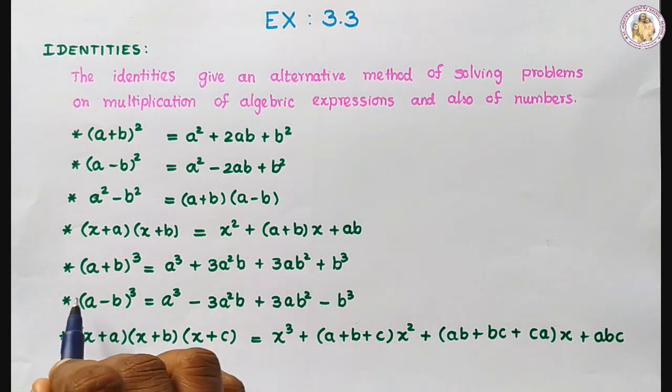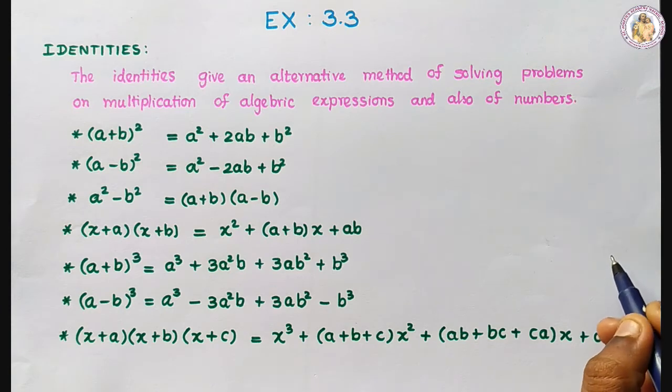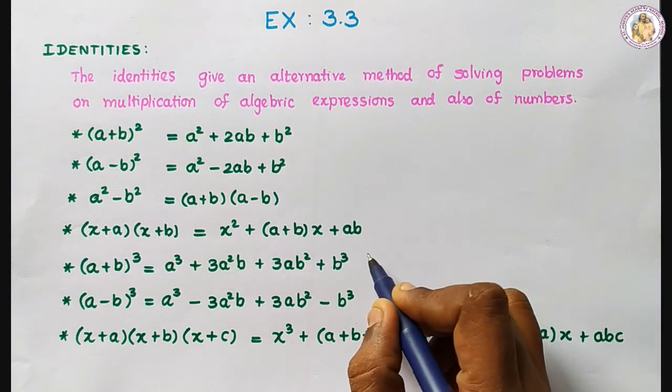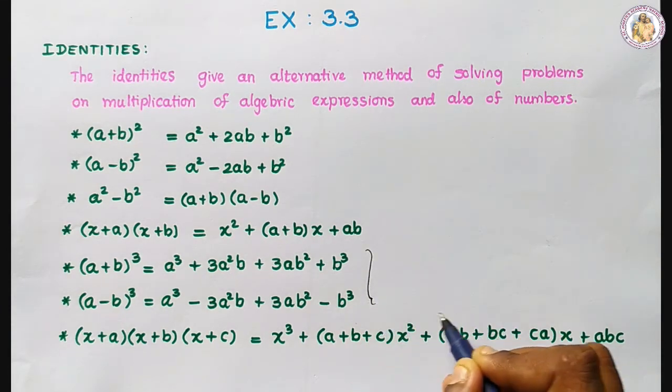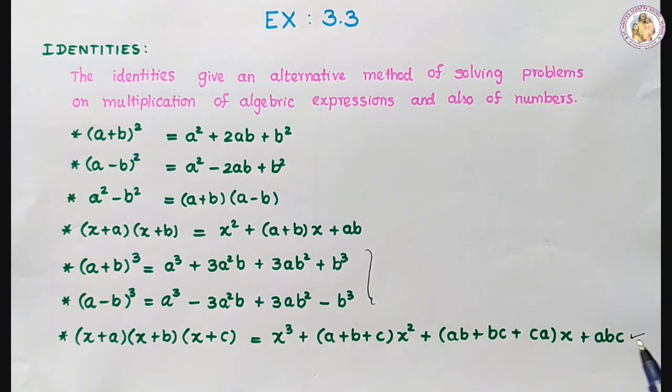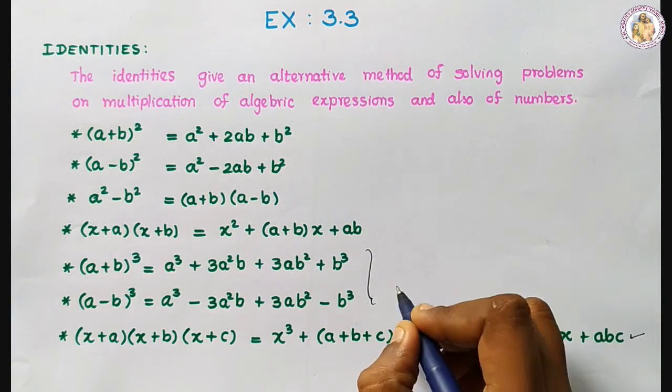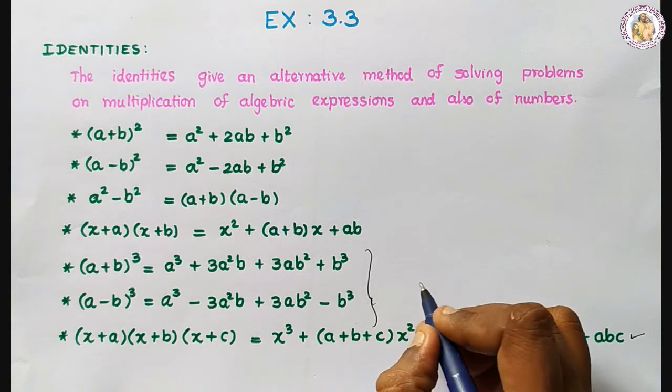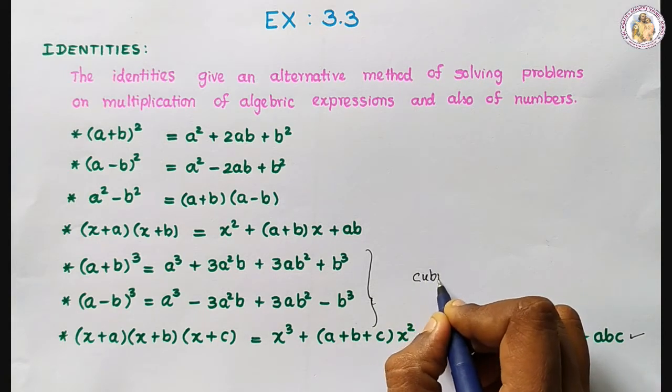These are the identities. These three identities are cubic identities.